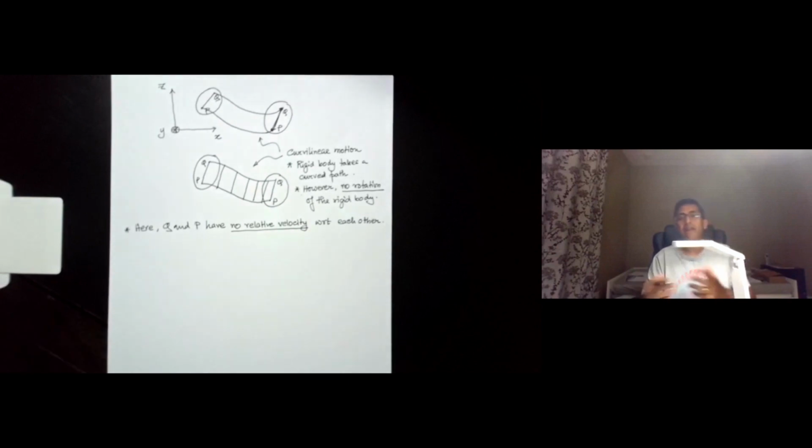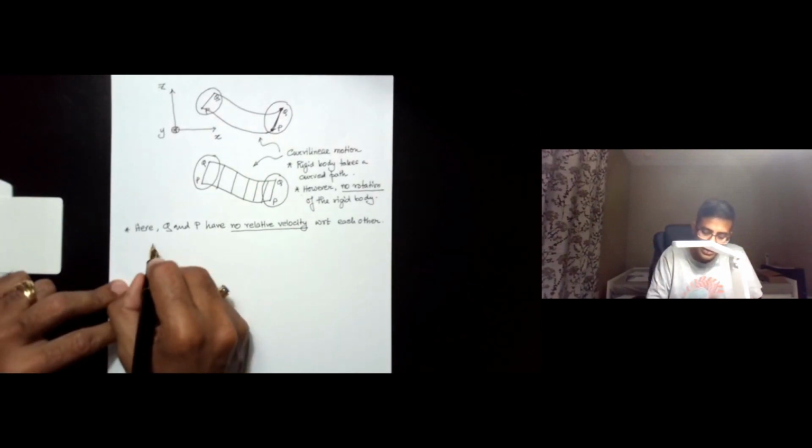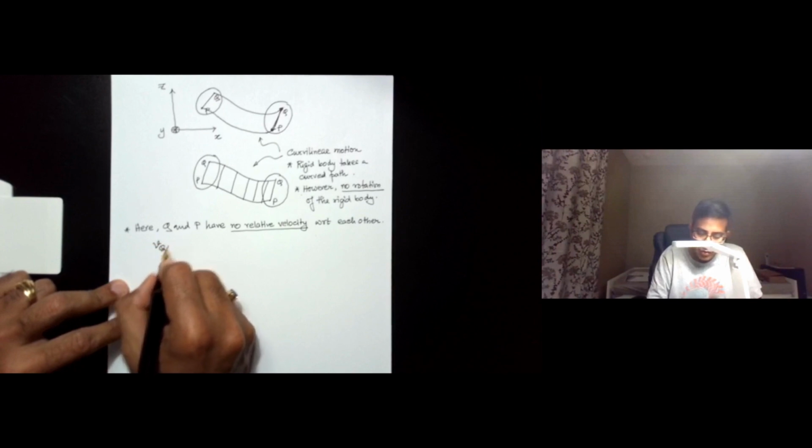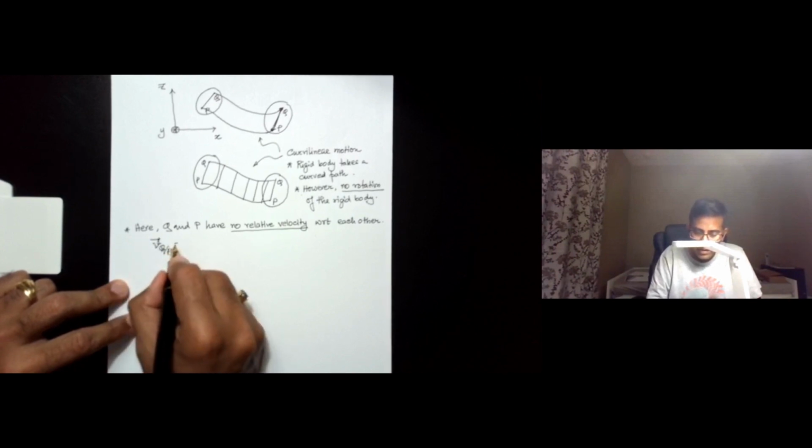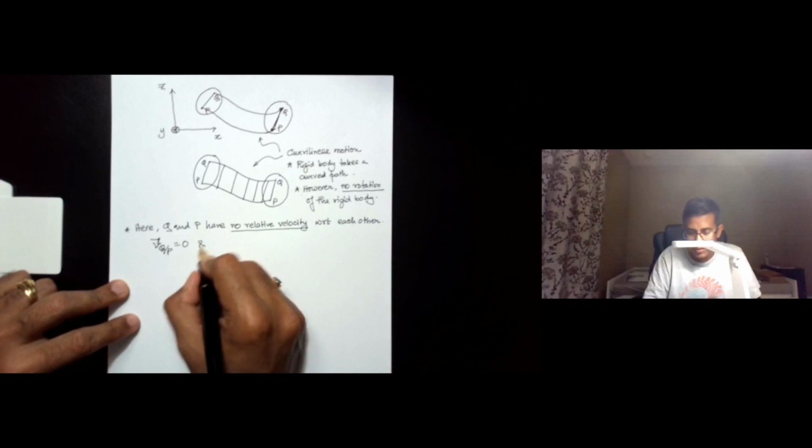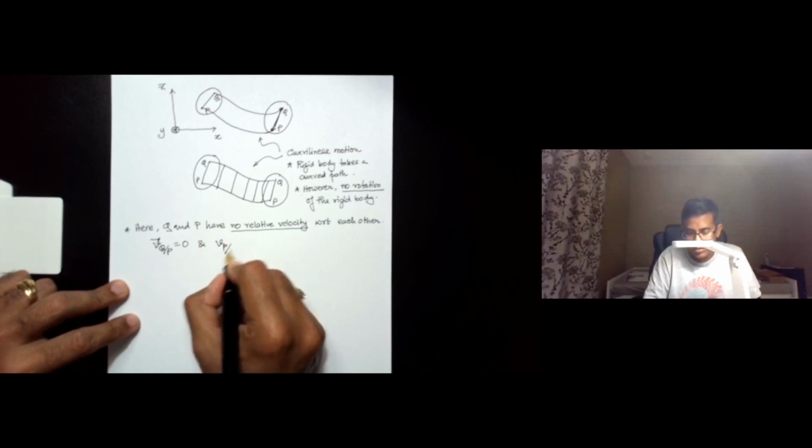So there is no relative velocity between P and Q. In this case, VQ with respect to P is equal to 0, and VP with respect to Q is of course also equal to 0.